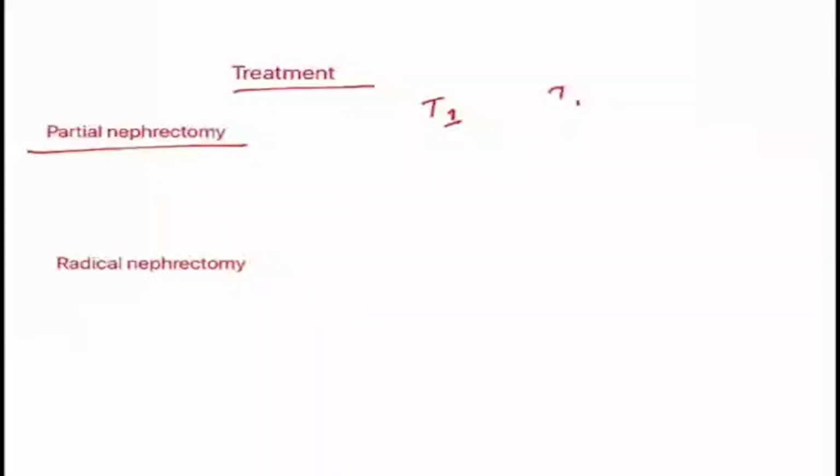Now coming to the surgical management, partial nephrectomy. Partial nephrectomy is done in T1 tumors, mostly T1A, that is less than 4 cm, and up to 7 cm can be done.